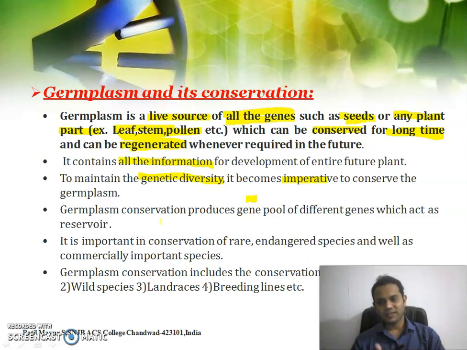It is also important in the conservation of rare, endangered species as well as commercially important species. Rare species at the verge of extinction can be preserved by these different techniques of germplasm conservation.